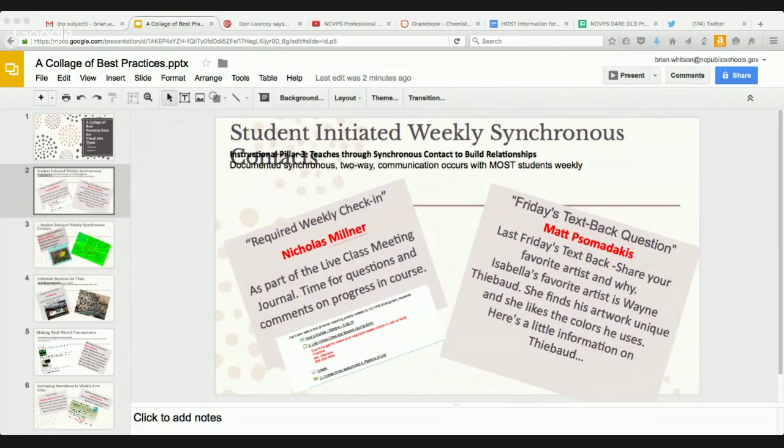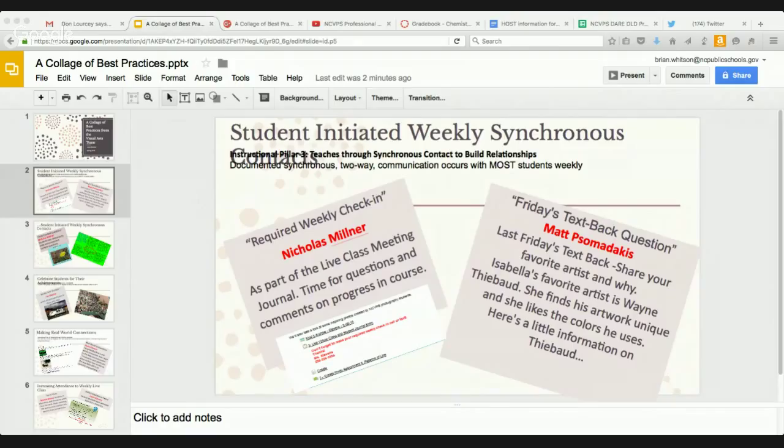In looking at this, I see the example he gave is Isabella's favorite artist is Wayne Thiebaud, and she finds the artwork unique and likes the colors he uses. Then he gave some information on that artist. That's pretty awesome.